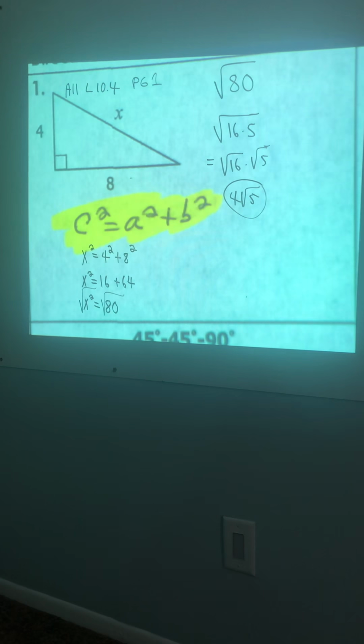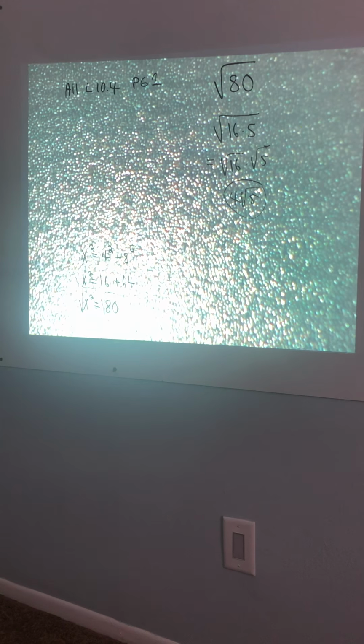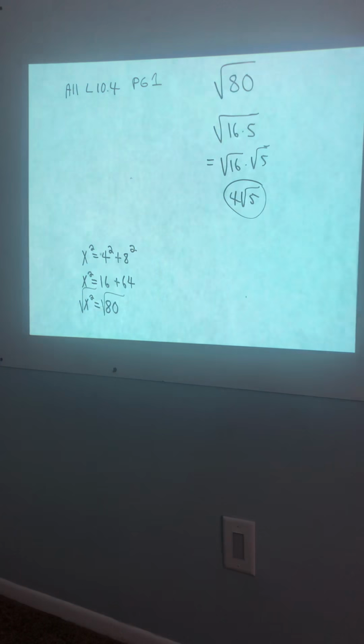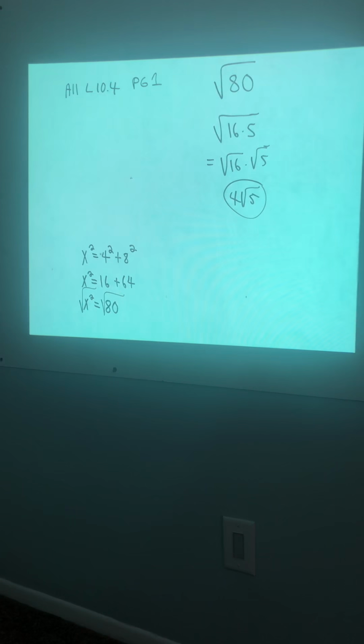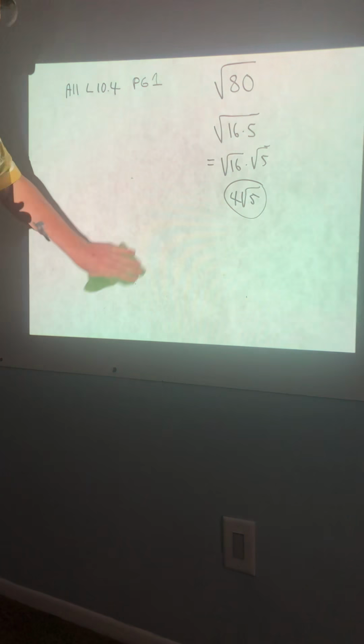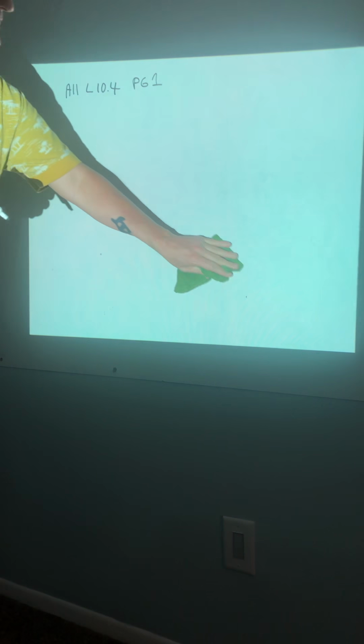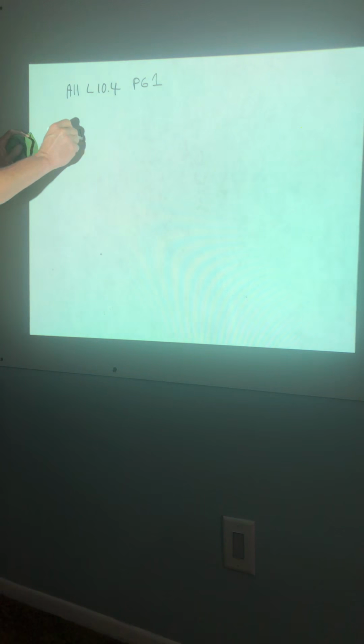So why don't we practice a few more radicals just to make sure that we're good, okay? Let's practice a few more, and then I'll do one of the special right triangles that I did on the previous lesson, okay? Let's break down another one. Oh, I know a good one that they love. Let's say you have the square root of 98.